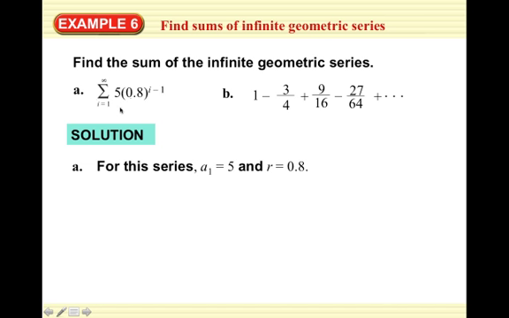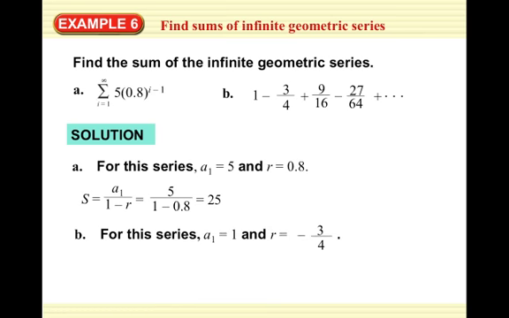This little number that's outside the parentheses that's not being raised to the power, that is equal to a1. The number that's raised to a power is r. And so your infinite sum is going to equal 5 over 1 minus 0.8, and that gives you 25. I do want to point out you need to check that the absolute value of r is less than 1.